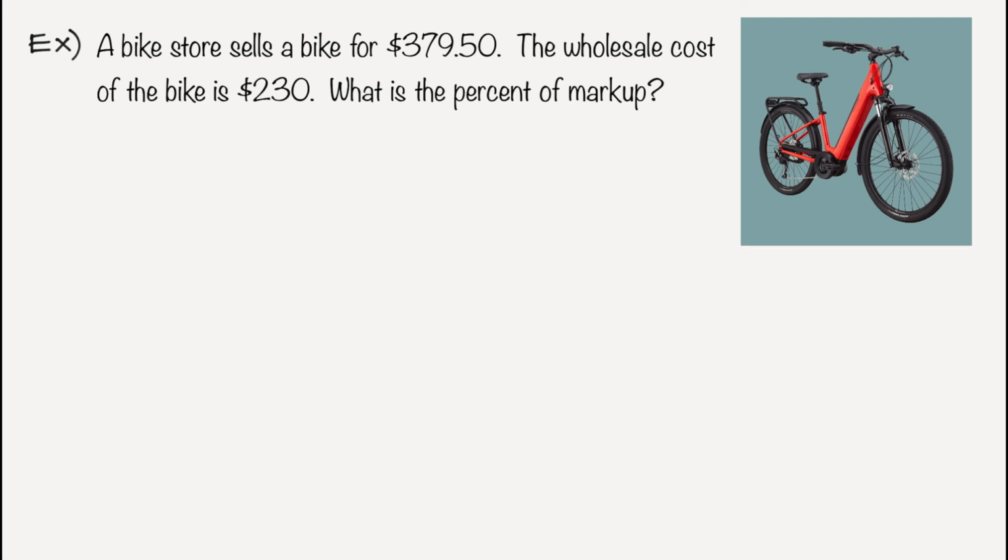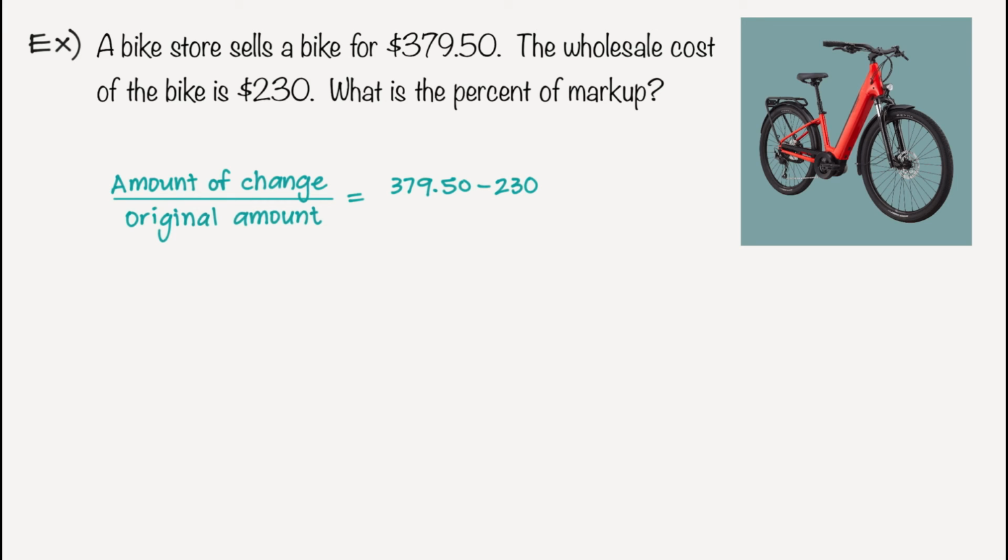Okay, so let's go ahead and do another one that's very similar. This says that a bike store sells a bike for $379.50. The wholesale cost of the bike is $230. What is the percent of markup? So again, we're going to find that amount of change and divide it by the original amount. So $379.50 minus 230 divided by 230, because that's my starting amount.